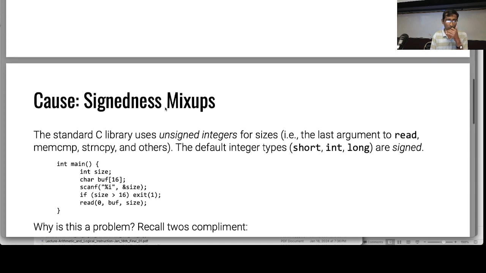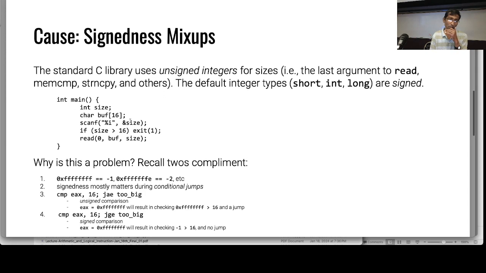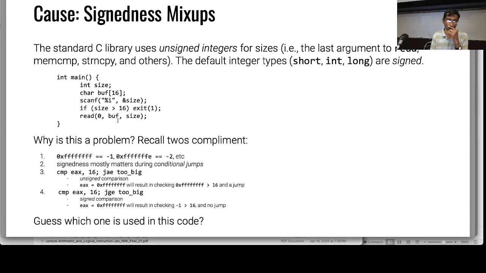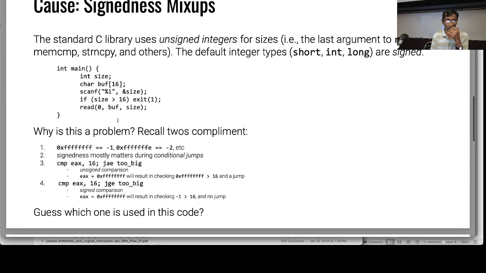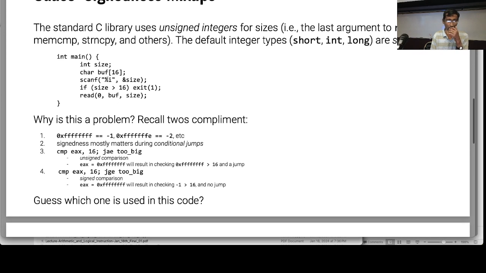The other cause is the mixing of signedness. So for example, in the code that you see here, they create a buffer here and get the value for size, and they just check if the size is greater than 16, then exit, or else read the values corresponding to the size of 16.